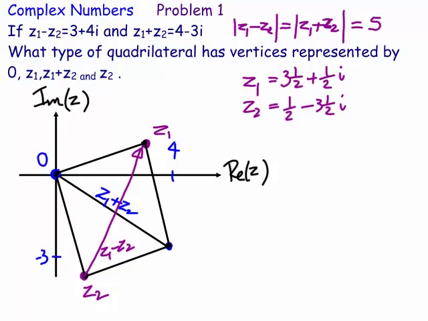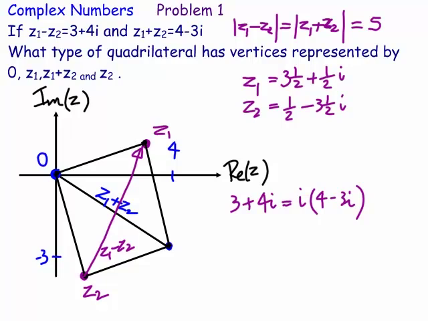It's a bit hard to tell, but let's multiply 4 minus 3i by i. You should be able to see it's 4 times i, which is 4i, and i times minus 3i is minus 3i squared, which is plus 3.